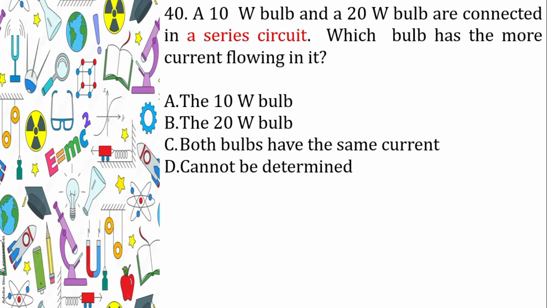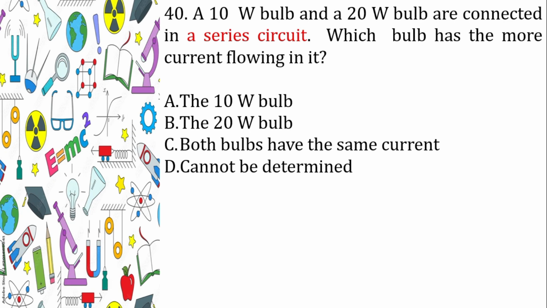40. A 10 watts bulb and a 20 watts bulb are connected in series. Which bulb has the more current flowing in it? Again, in a series circuit, the current that flows in each resistor or in each bulb is the same. Bulbs can have resistance, so we can also consider bulbs or lamps as resistors.